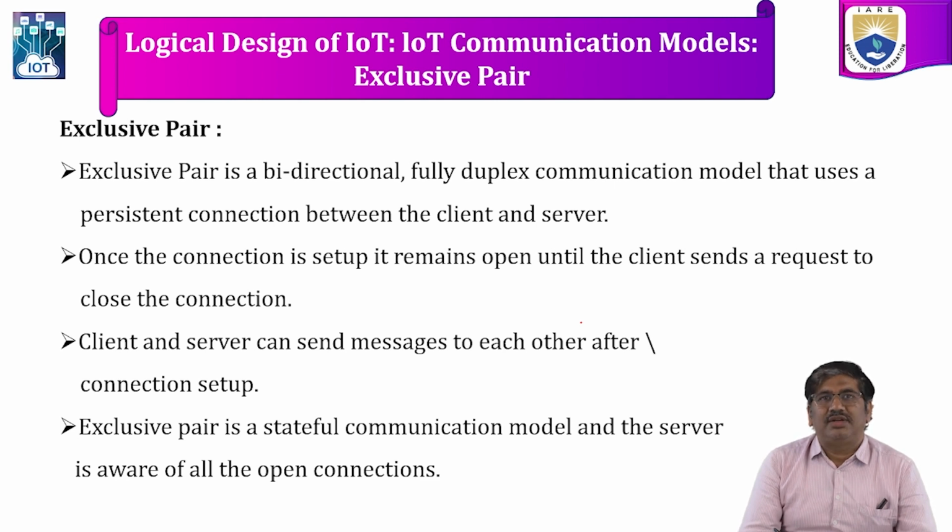Client and server can send messages to each other once the connection is established. Exclusive pair is a stateful communication model and the server is aware of all the open connections.